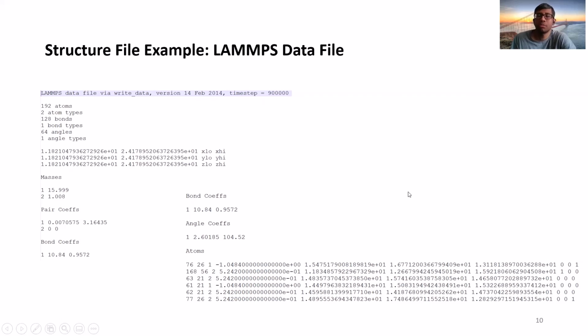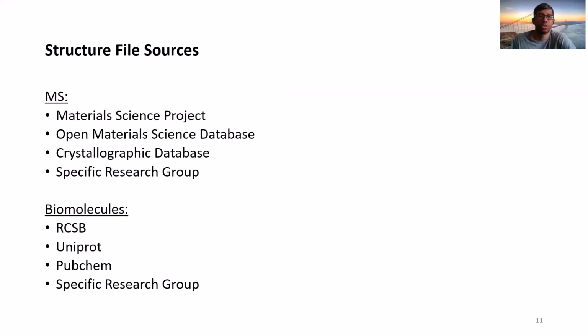This is a structure file that gives you information on all the atoms contained in that system, in the structure. So where do you get this structure file? Sometimes you have the ability to create it from scratch inside the platform. For example, in LAMMPS or VMD, whether you are working on a material science project or a biomolecular project, you can start from scratch. Sometimes it's not possible, and you have to go through some database.